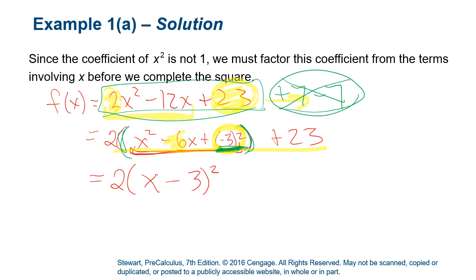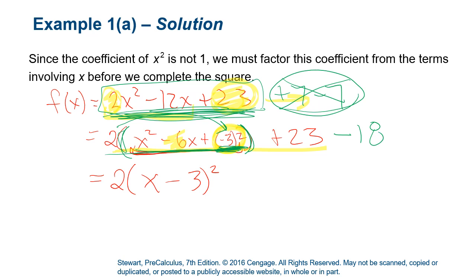So the idea is that this is actually 9 times 2, okay? So what I have here that I didn't have in the original function is an extra 9 times 2, which is 18. So I actually added an extra 18 to this entire function. So if I subtract 18 from this function, that will cancel itself out.